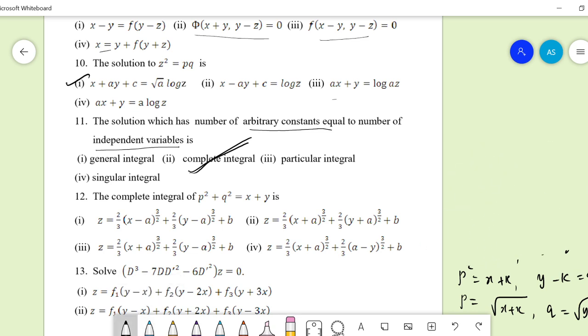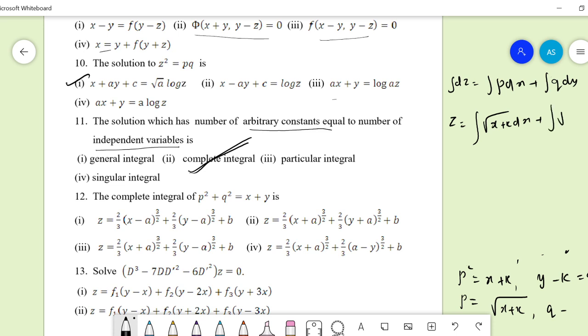Now what is the solution for type 4? The solution for type 4 is: integral dz is equal to p dx plus q dy. So z equals the integral of root of x plus k dx plus the integral of root of y minus k dy.